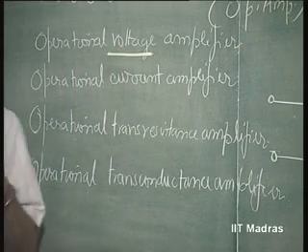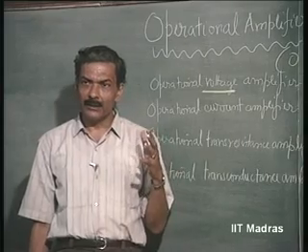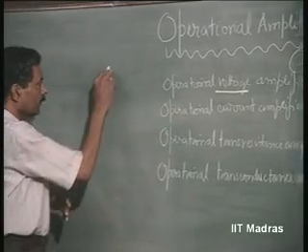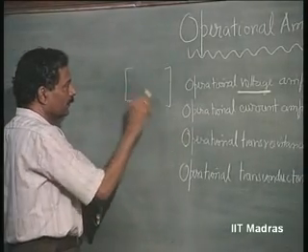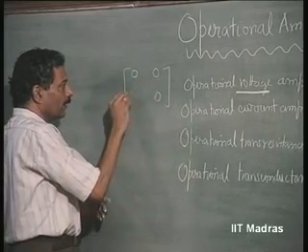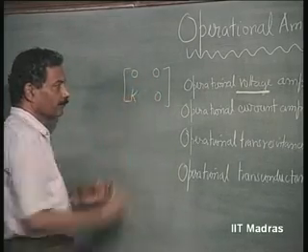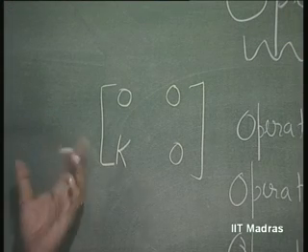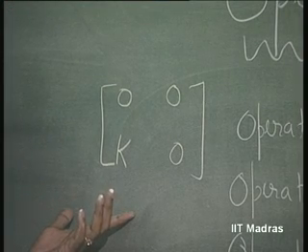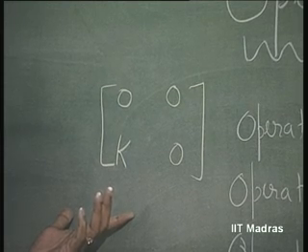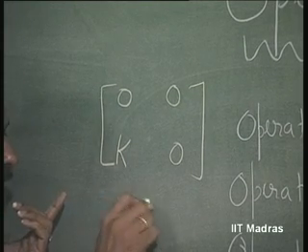What it means is, it is nothing but an ideal voltage controlled voltage source. Ideal voltage controlled voltage source we have seen as Vc, Vs. So, what is the parameter with which we can define ideal voltage controlled voltage source?